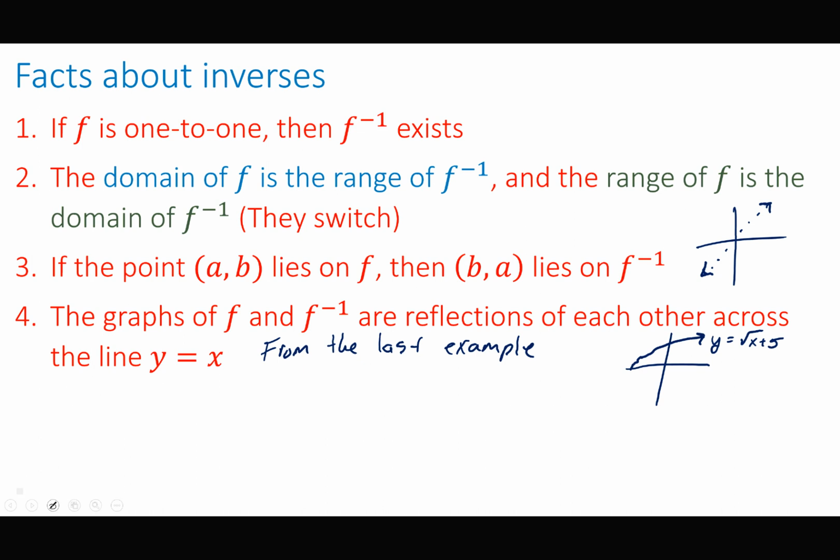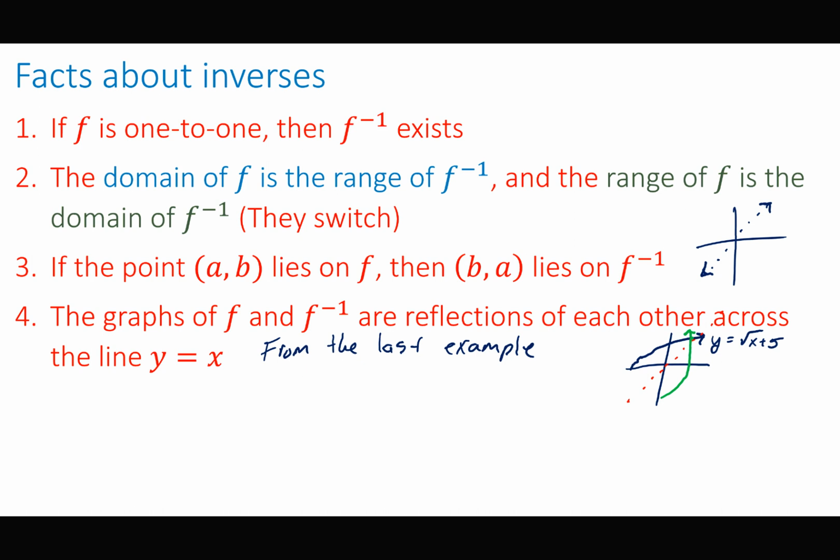If I were to reflect across this line y equals x, then my reflection would look something like that. And this might be a better visual of why, when we did x squared minus 5, the left side really was not valid for a domain.